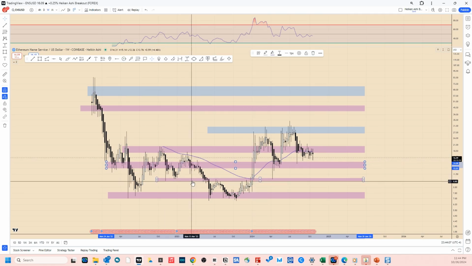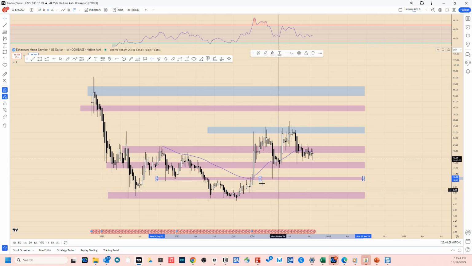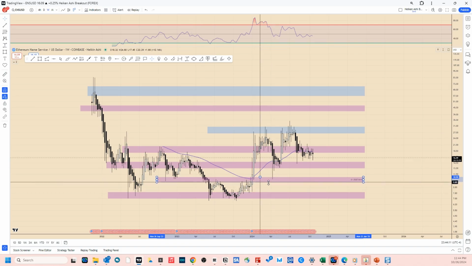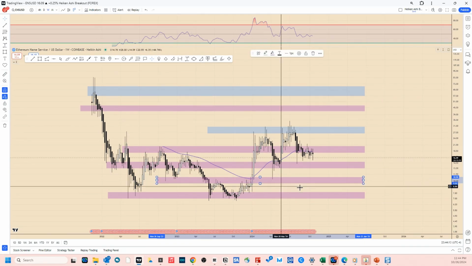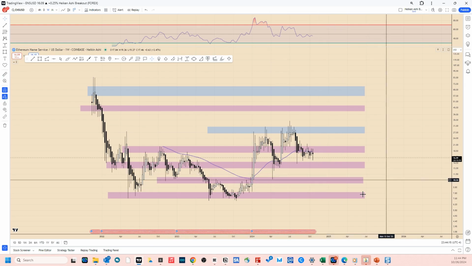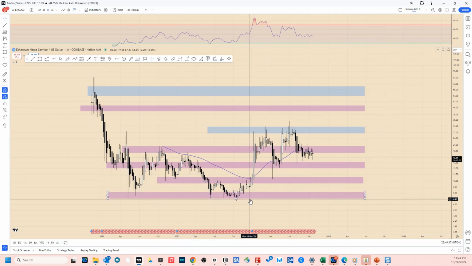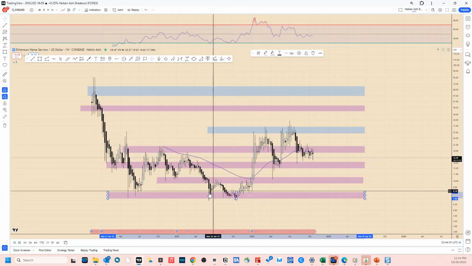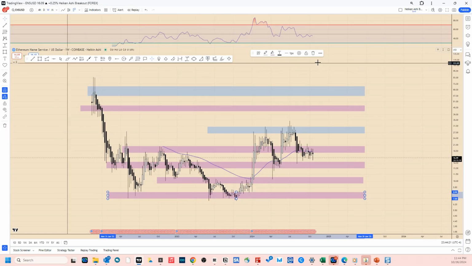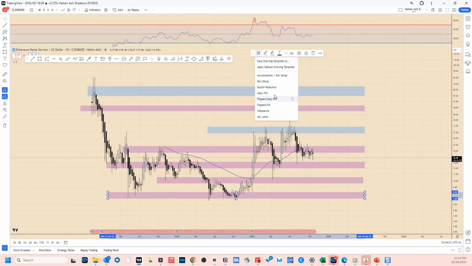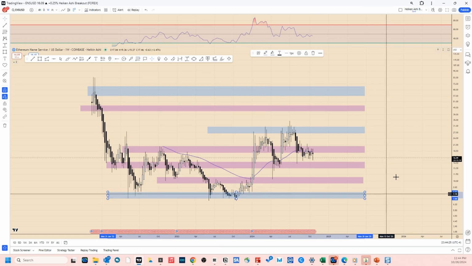So what I typically do is I will just bring this out just a little bit here. Okay, just like that. And then this is support. You have support here, here, and here. Price has yet to break through, so this is a strong level here.